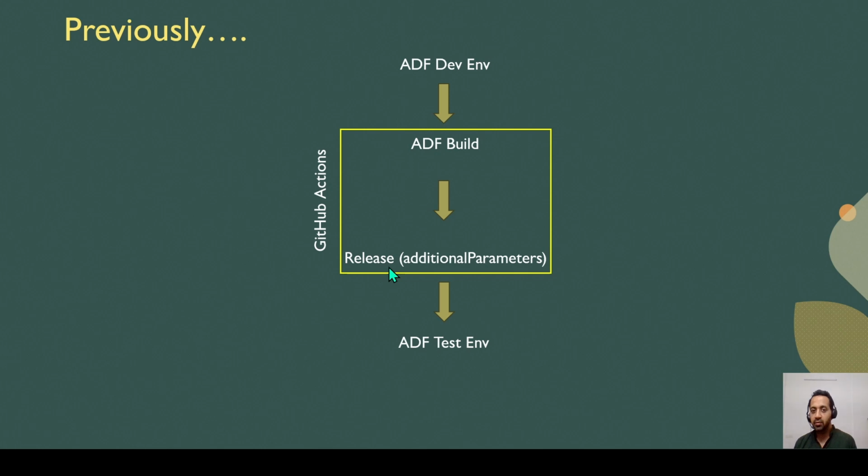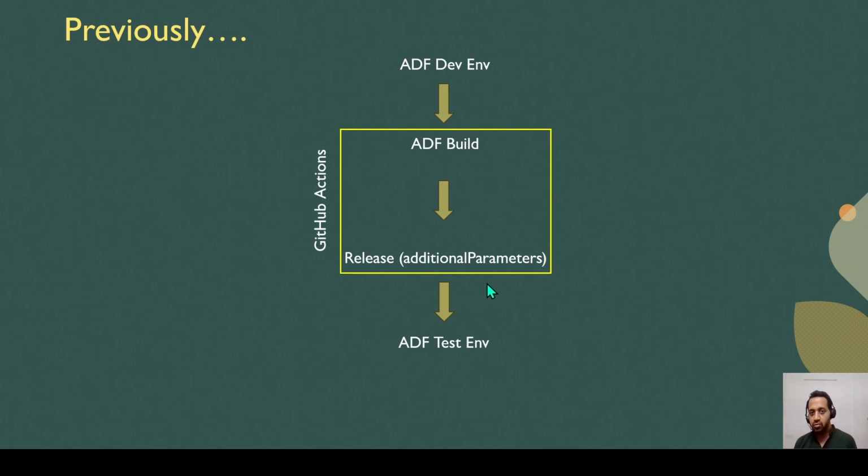At the time of release, we are using a default functionality called additional parameters to replace the parameters which are responsible for our linked services, the connections to our data sources, our key vaults and so on. For example, ADF dev connects to your dev database and dev data lake, and as soon as the code moves to ADF test, ADF test starts to point to the test data lake and test database automatically.